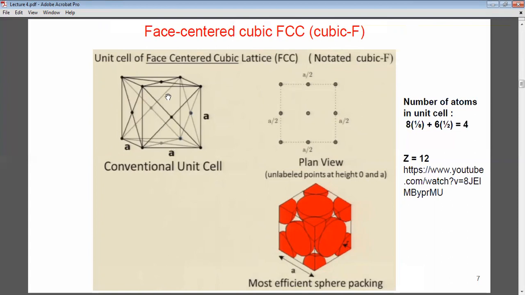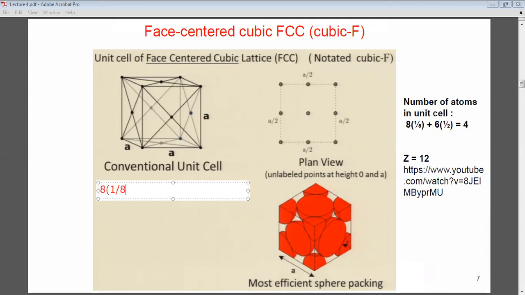How many lattice points are there in this unit cell? We observe that first we have 8 corners.